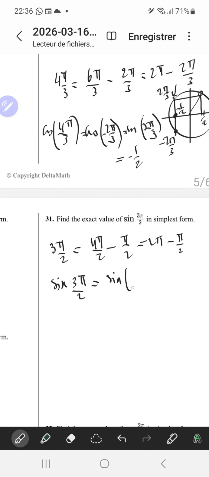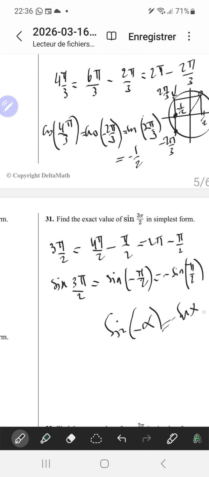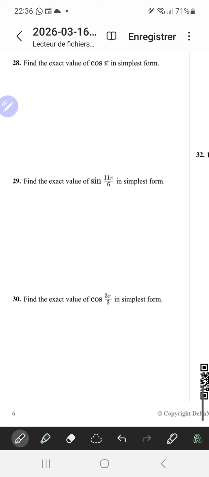So it's sinus of minus pi over 2, which is minus sinus pi over 2, because sinus minus x is minus sinus x. Okay, and we know that sinus pi over 2 is 1, so sinus 3 pi over 2 is minus 1.